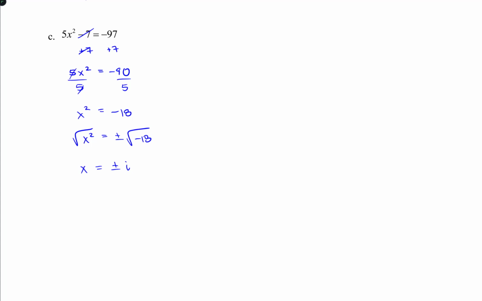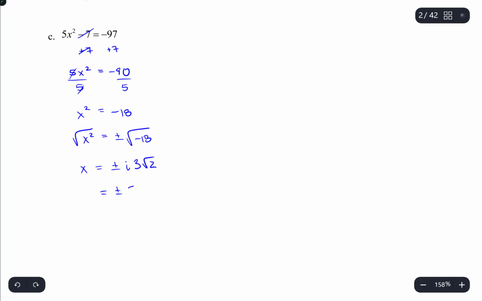So 18 could be written as 2 times 9, and 9 is a perfect square, so I can pull that out from underneath the square root as long as I make it a 3. So this would be 3 square root of 2, and it's a little bit more common to put the constant first and then the i and then the root. So I'll write it this way as my final answer.